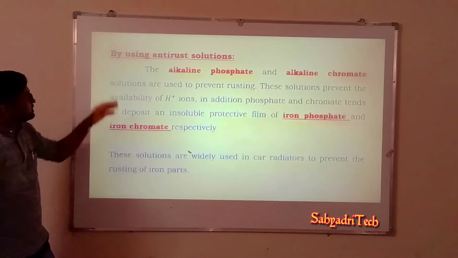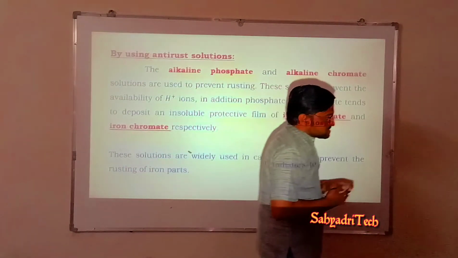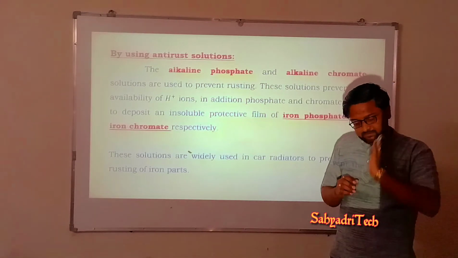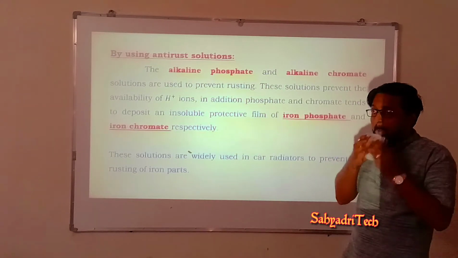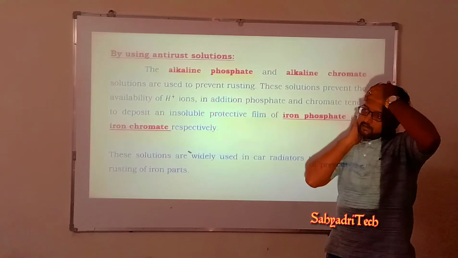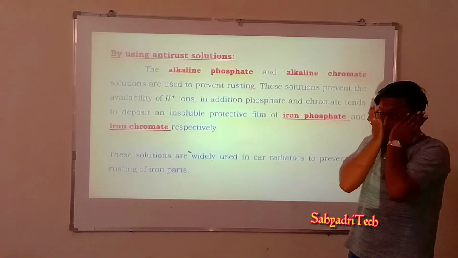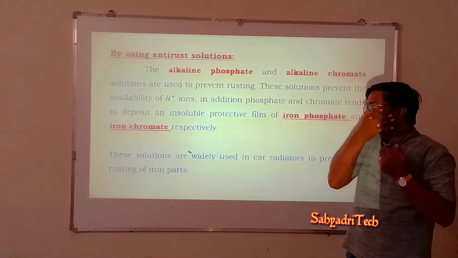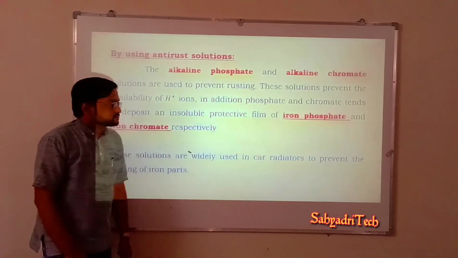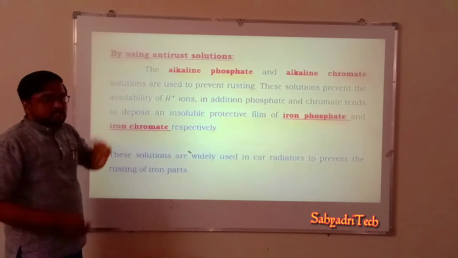Then coming to the third one, by using anti-rust solutions. Anti-rust is nothing but against rusting. The third method is by using anti-rust solutions.